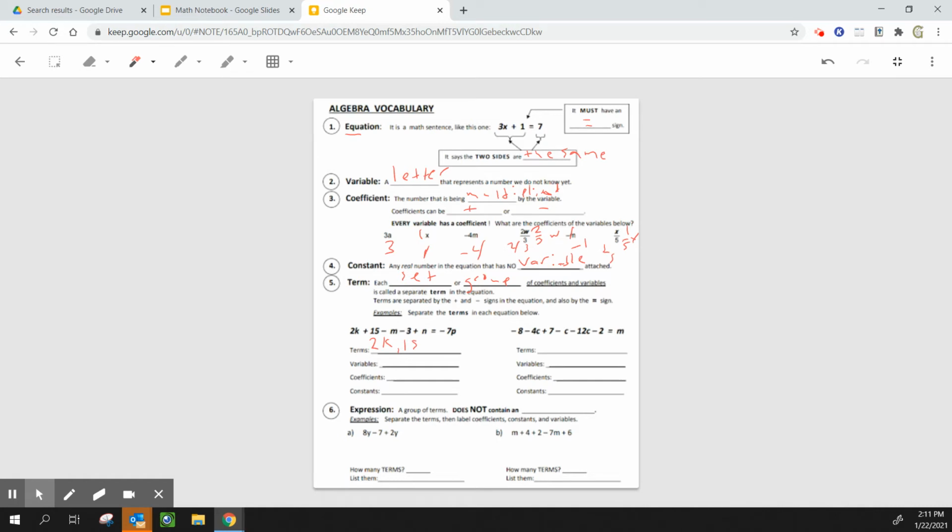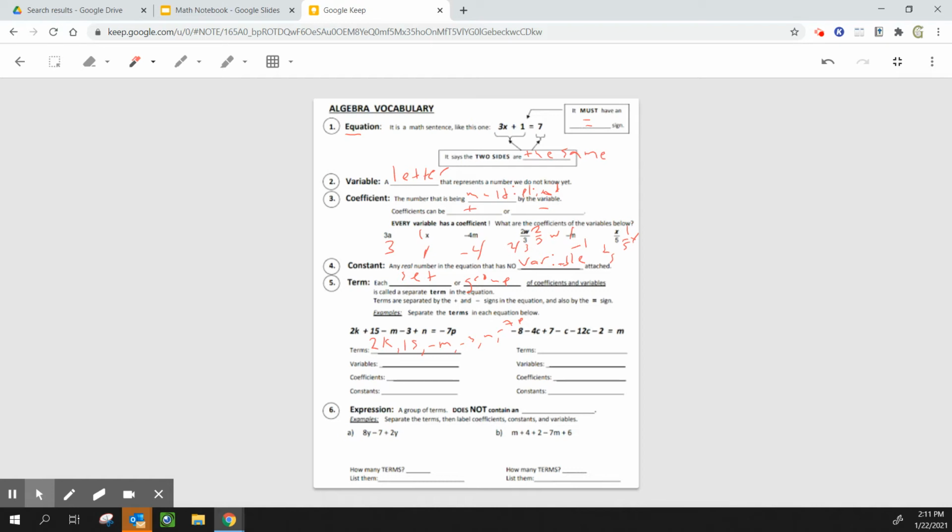My next term, and I'm always going to keep what goes to the left of it, so I'd have minus m, and I'd have minus 3, I'd have n, and after the equals, I have a negative 7p. All of those individual things are terms, and we'll talk more about those tomorrow.